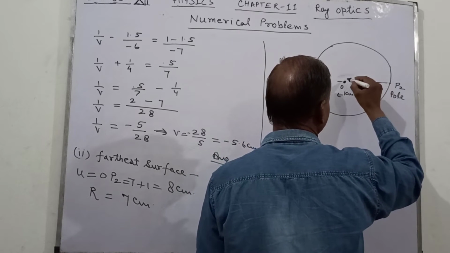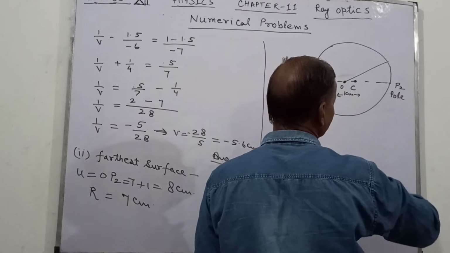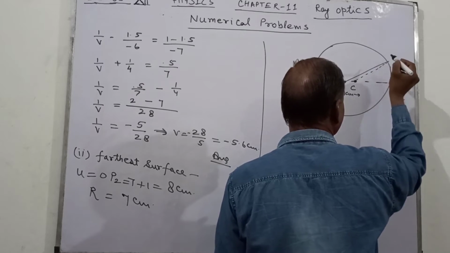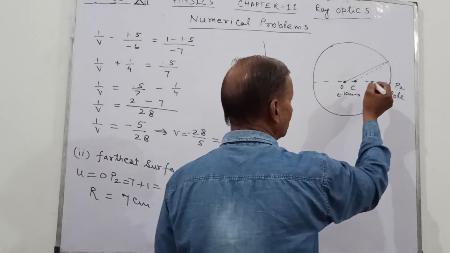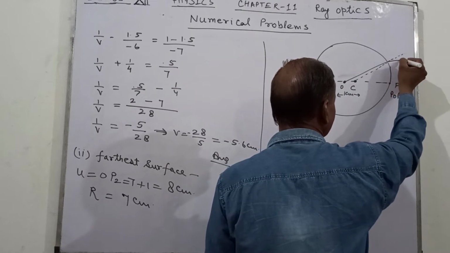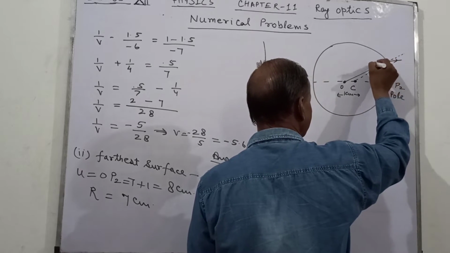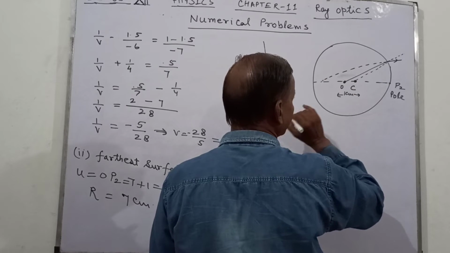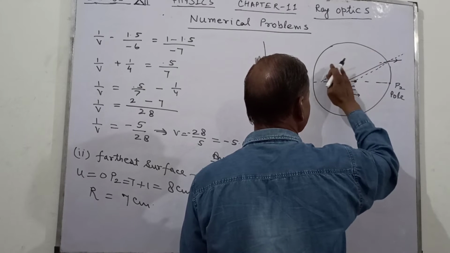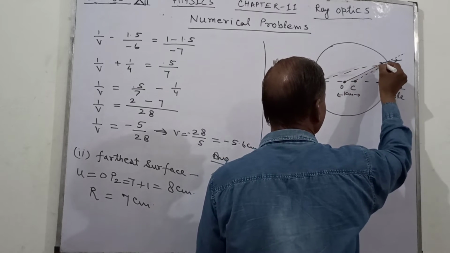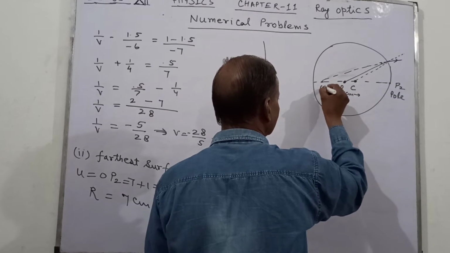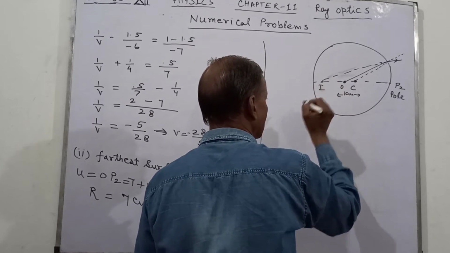Now somebody is here. Light is going like this. Then this will be the normal, and then this light ray will go away from the normal. So when this is extended back, then this appears to be coming from this point. This is now the image I.